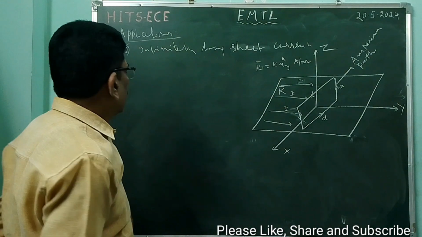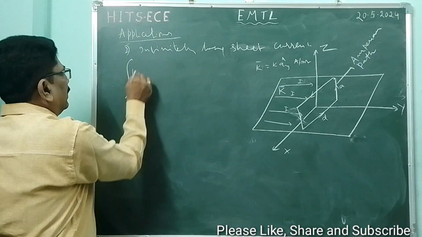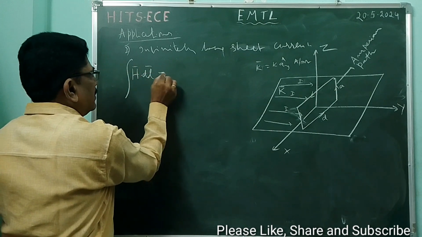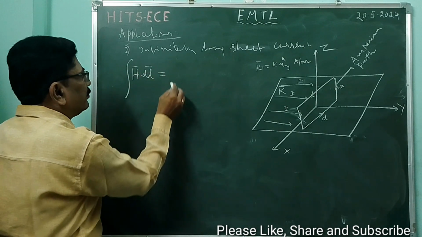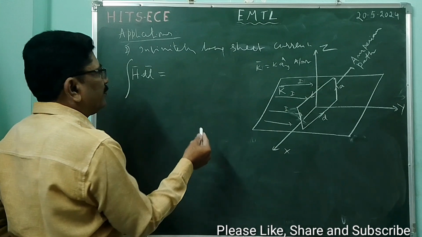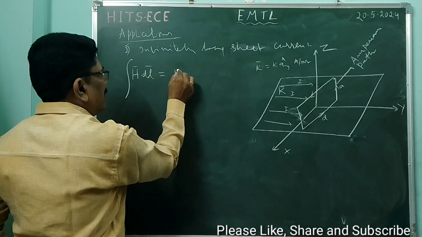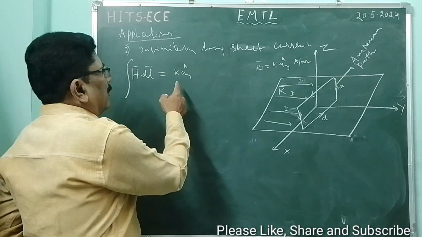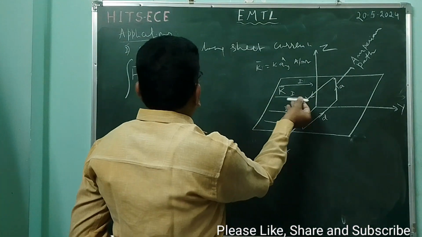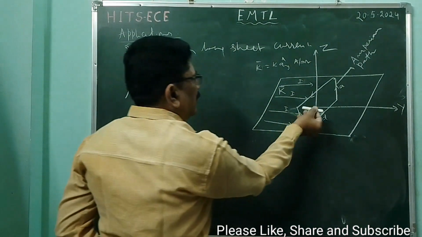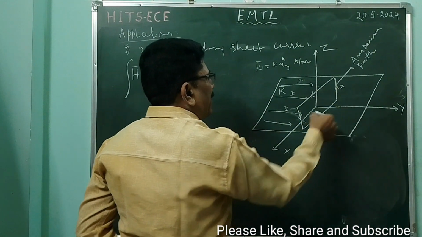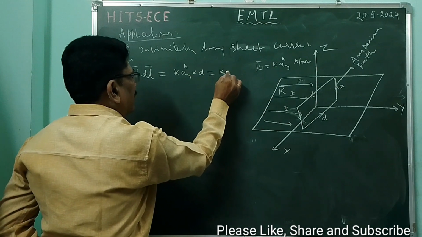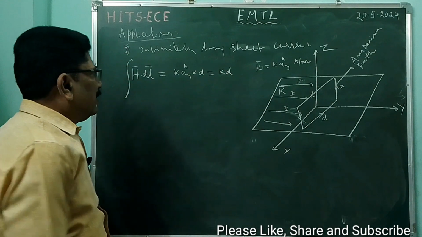So integral H dot dL is equal to the current enclosed. What is the current enclosed? It is K aY cap. The current flowing through this Amperian path is K into D, which is equal to KD amperes.